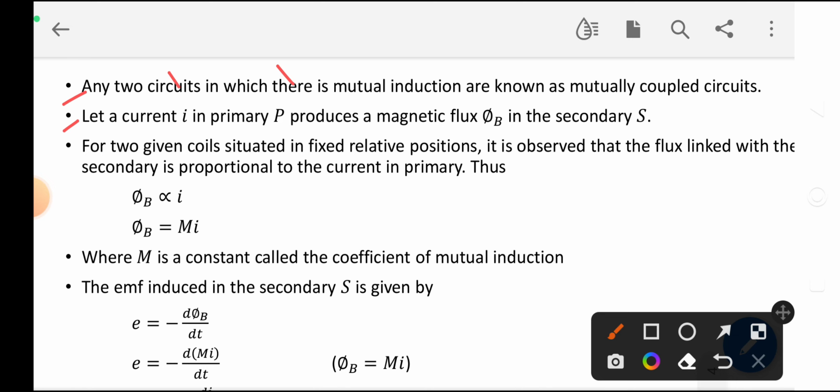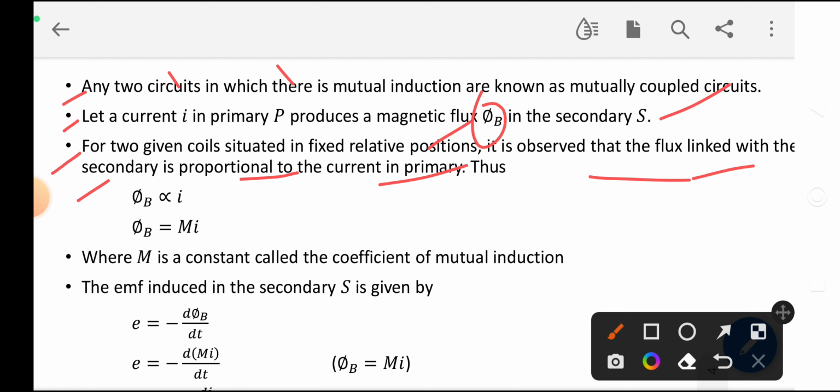Let the current I be in the primary P, producing a magnetic flux phi B in the secondary S. For two given coils situated in a fixed relative position, it is observed that the flux linked with the secondary is proportional to the current in the primary.